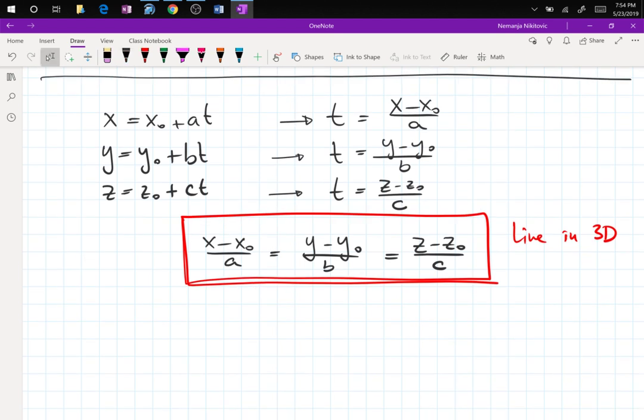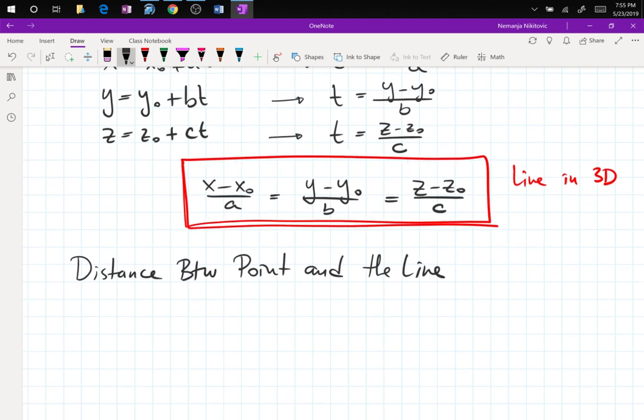Now, a few more things that we can compute. One of them would be the distance between a point and a line.